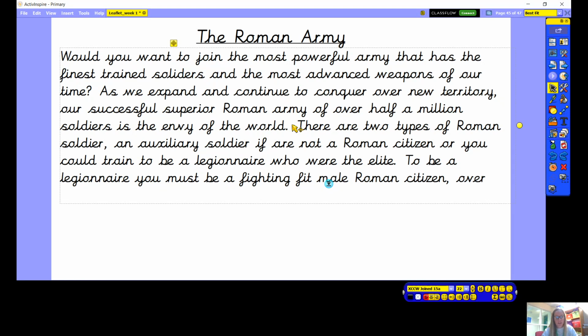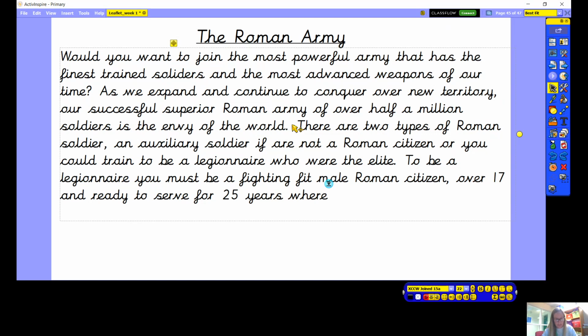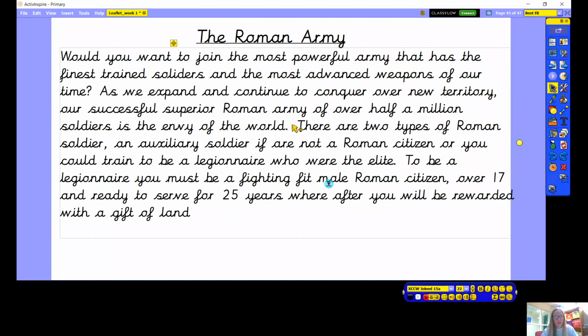You have to be over 17 and ready to serve for 25 years. And if you think about what I said about the land, after that you will be rewarded with land to farm. So remember, we want to make this look really appealing to those Celtic soldiers.